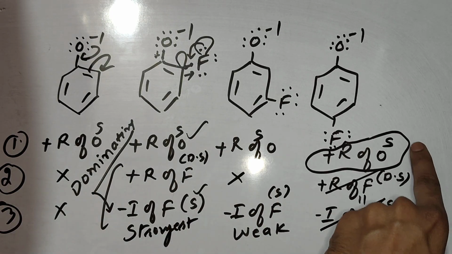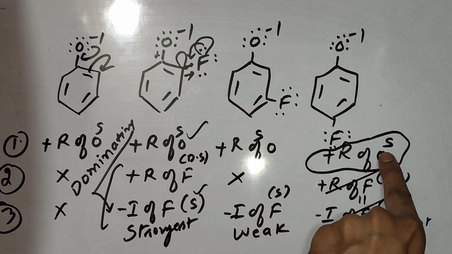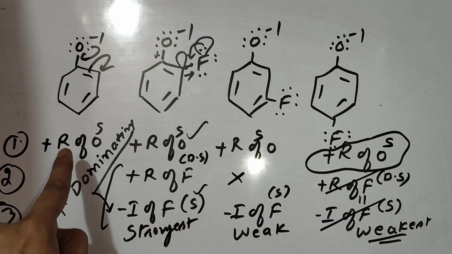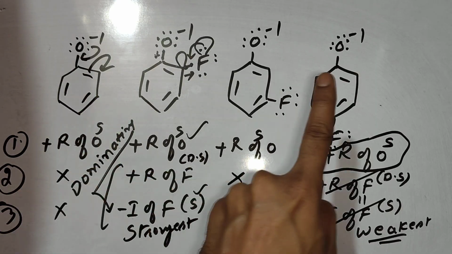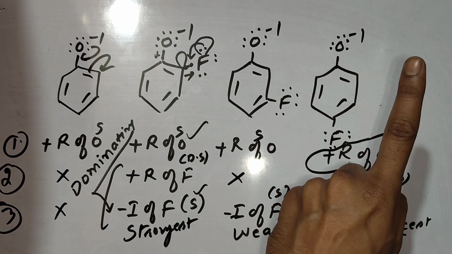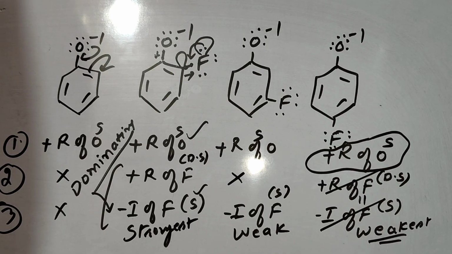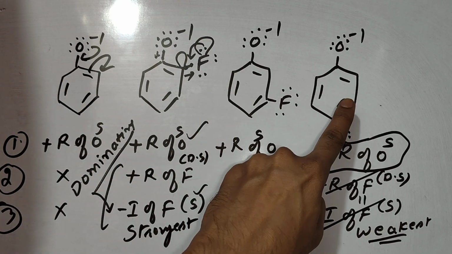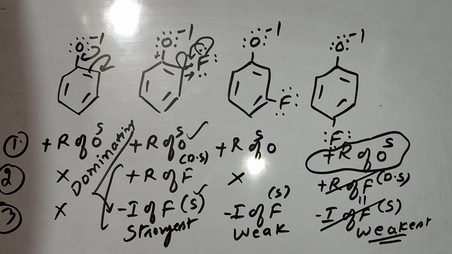It is getting stability only by one factor, no? This factor is also available here. This means this anion and this anion are almost equally stabilized. Yes, it is a very important and very rare case. Please note down, fluorine case. This anion and this anion are almost equally stabilized.